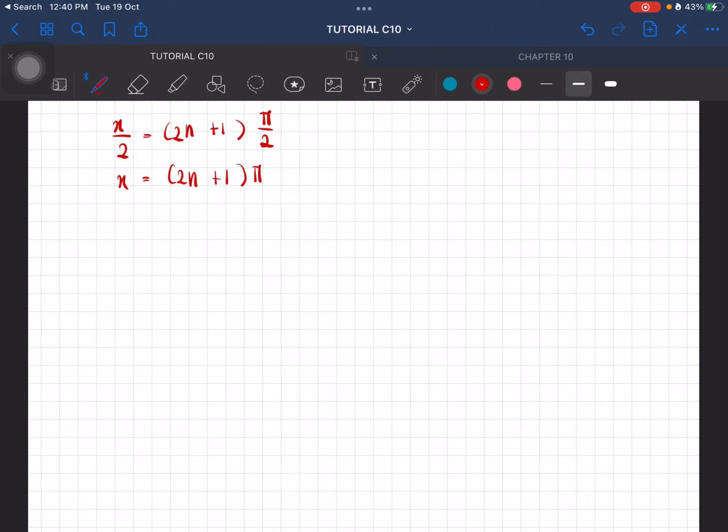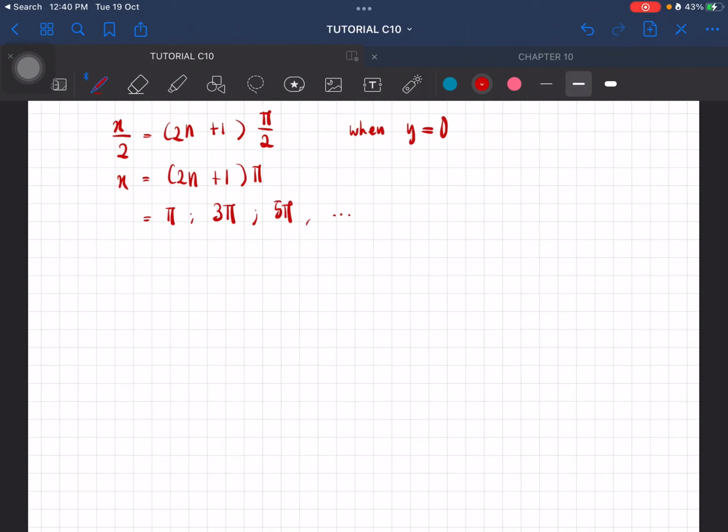Okay, so it will basically occur at odd numbers: pi, 3 pi, and then 5 pi, and so on. So it will occur at those points when y equal to 0. Okay?